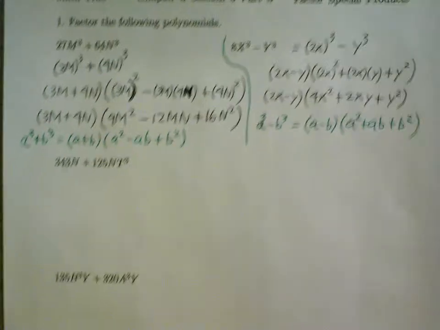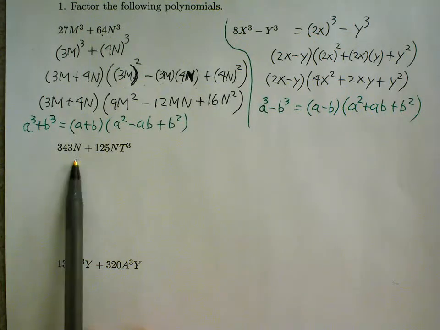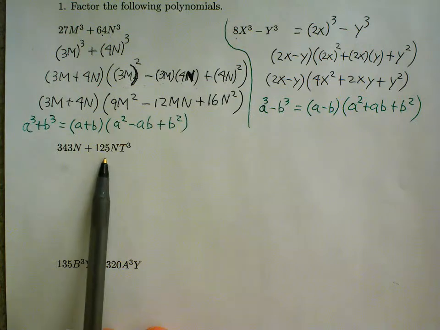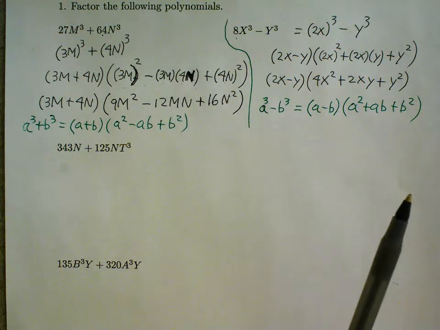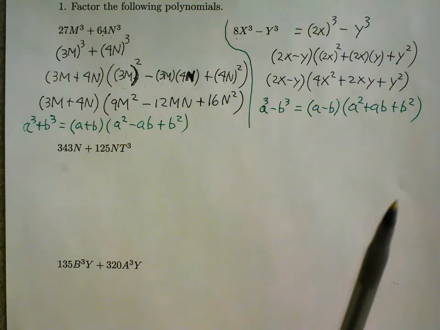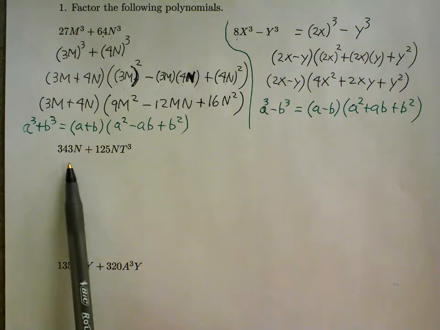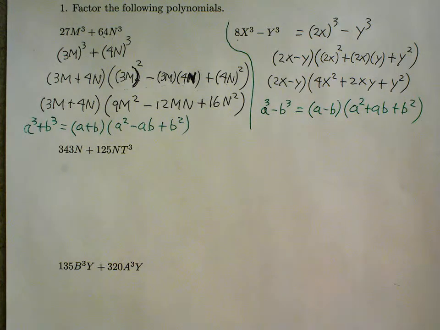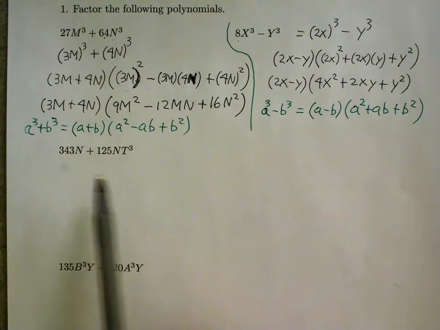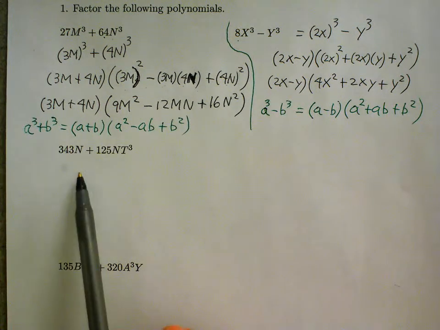Okay, the next example, 343n plus 125nt to the third. The greatest common factor of both terms is n. So we have to factor n out first.